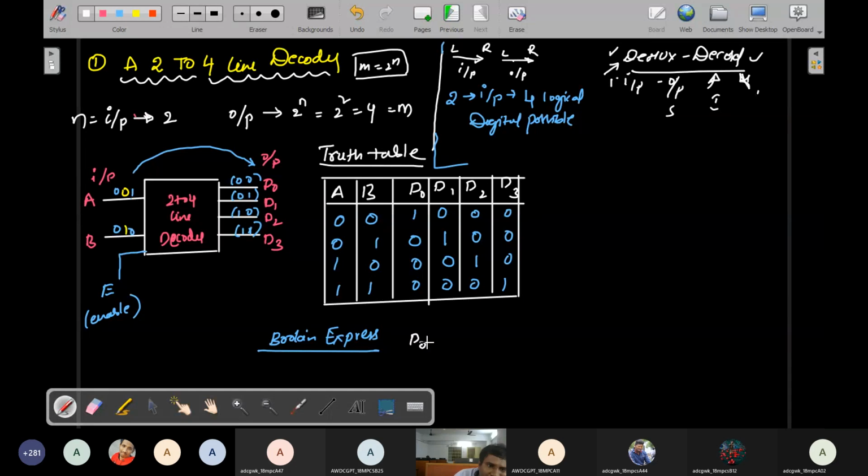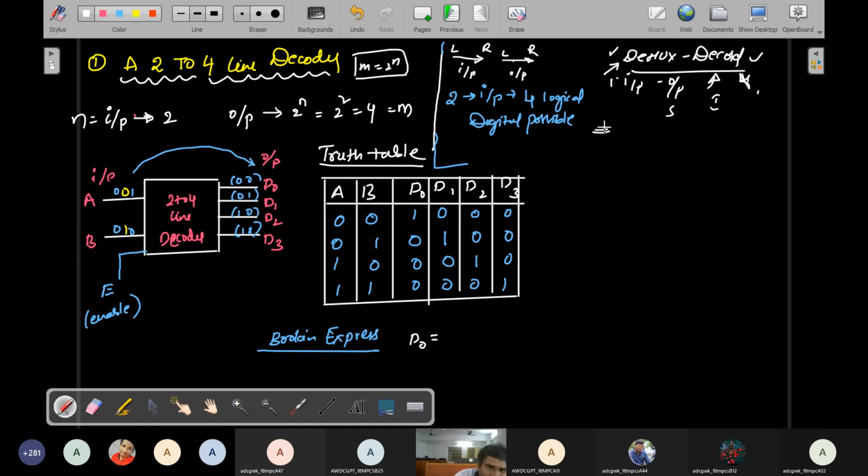For D0, the inputs are A and B. If the D0 terminal is high, then D0 equals A' B', only these two input terminals are considered. It is not a single input, and decoders don't have any selection lines. That is also one important point.